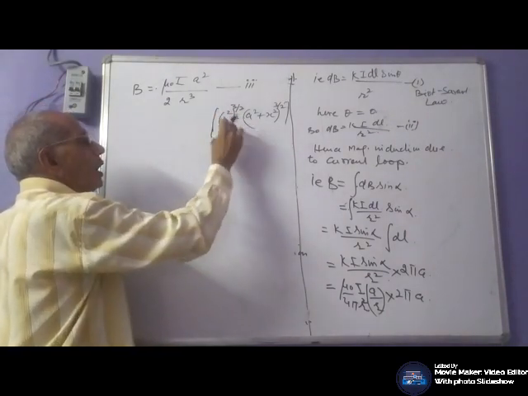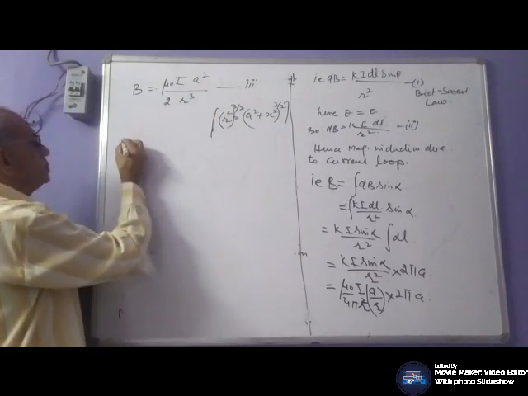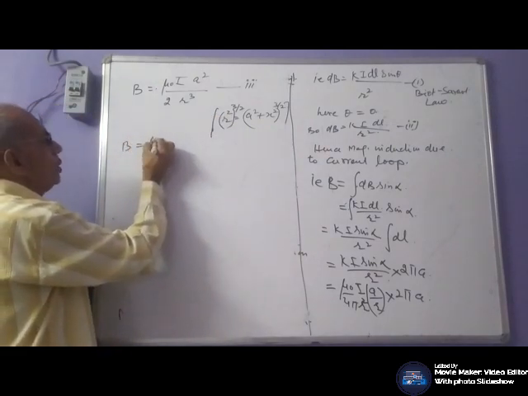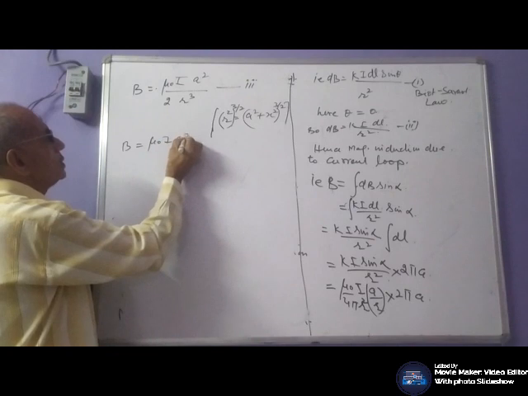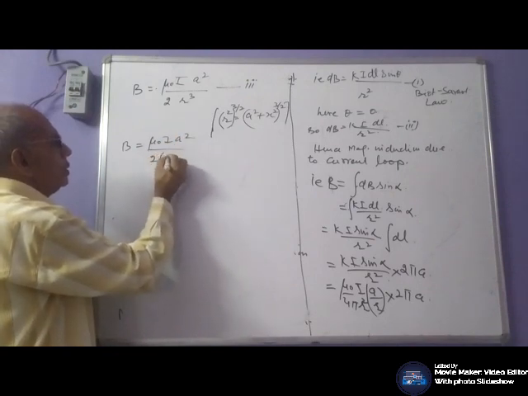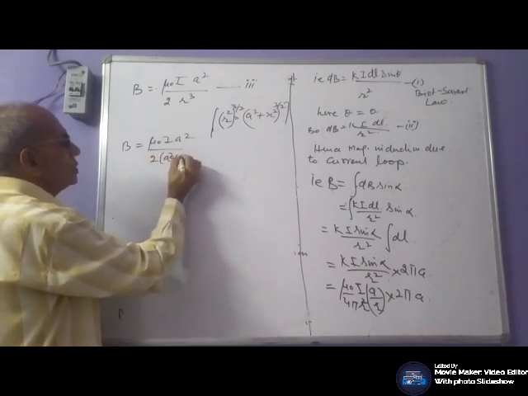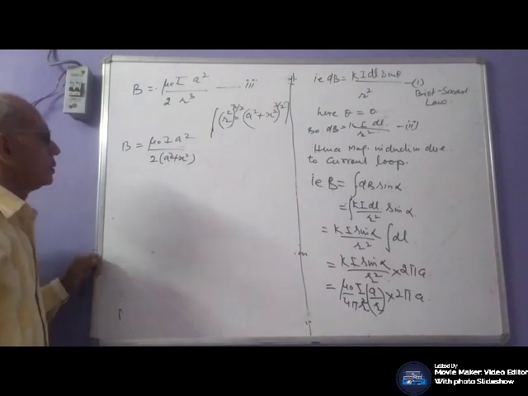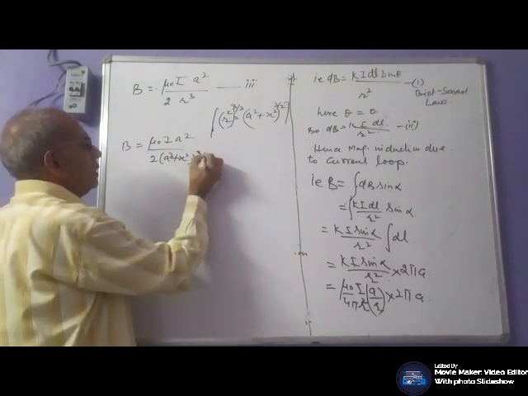So B is mu naught I a square by 2 times a square plus x square to the power 3 by 2.